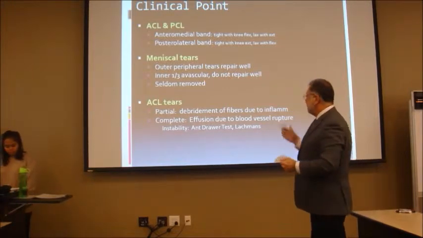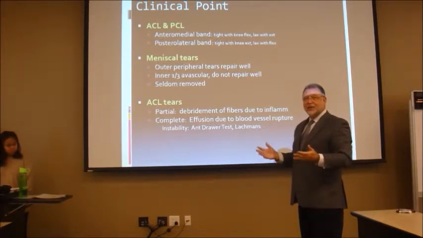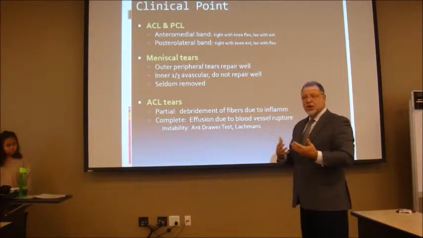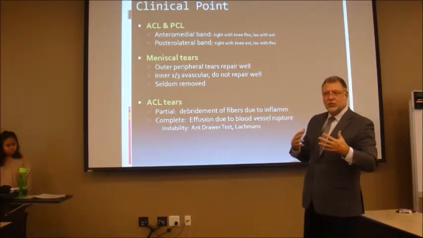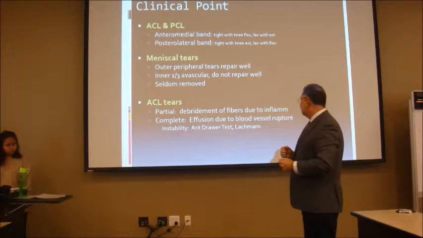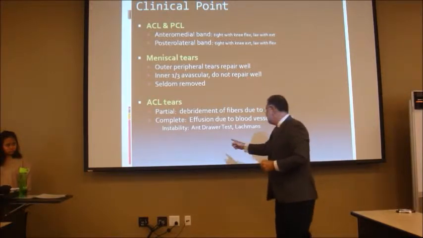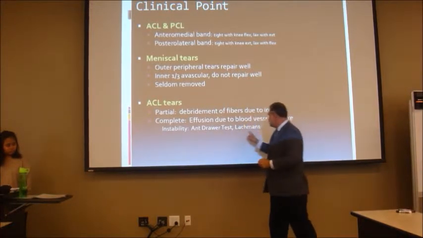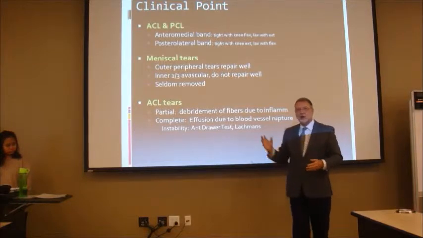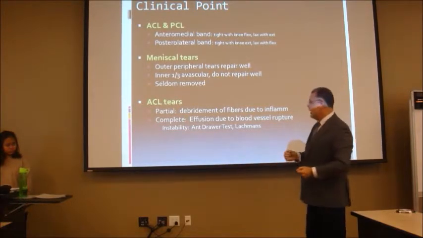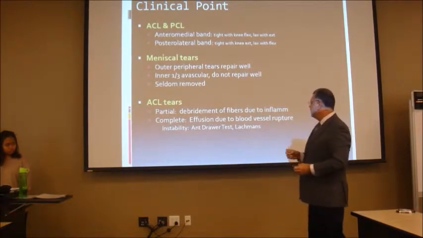People can live without an ACL, and the chances of having osteoarthrosis are directly related to the amount of physical activity that they have. I just mentioned anterior drawer test; also Lachman's or pivot shift are tests specific for the ACL or PCL.